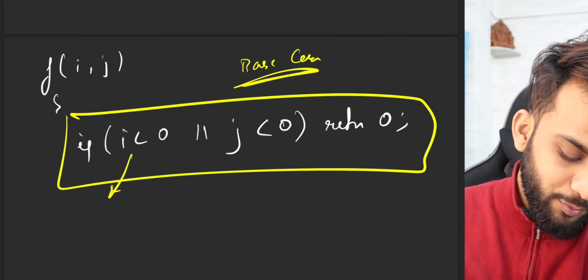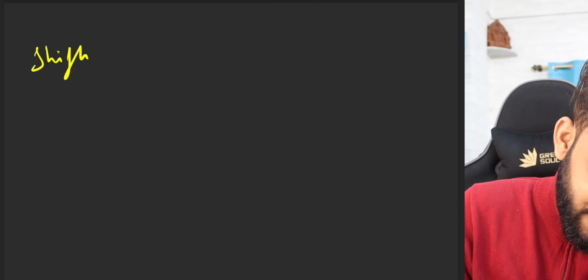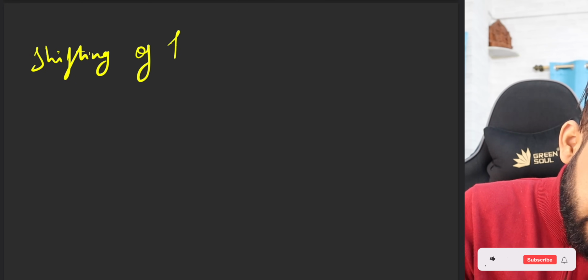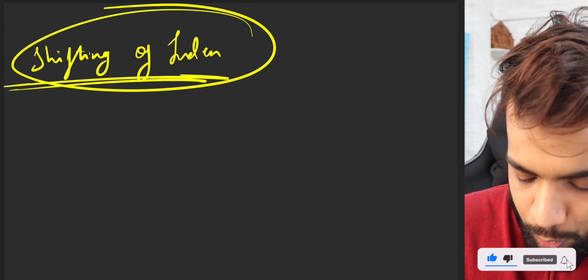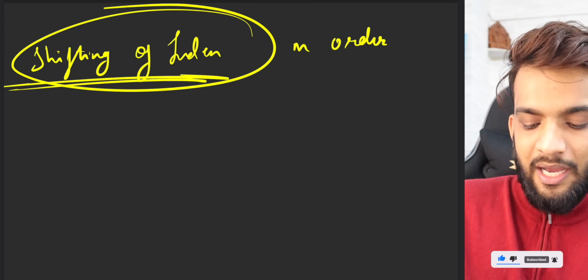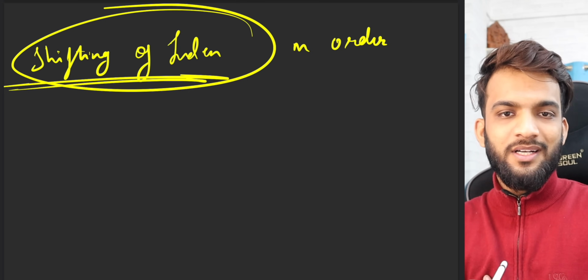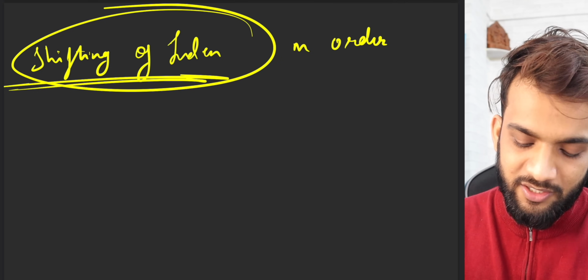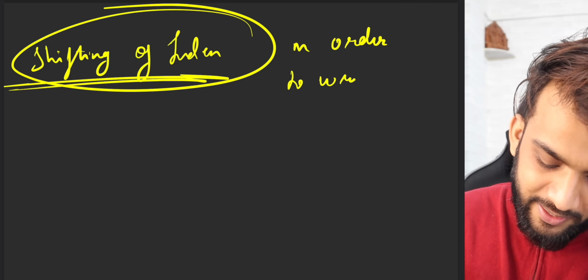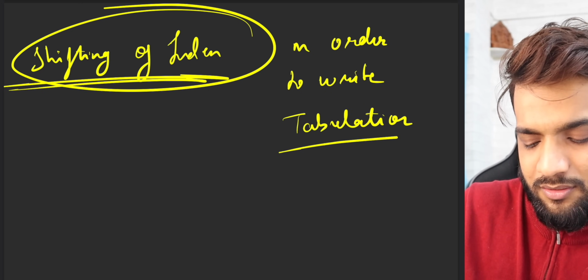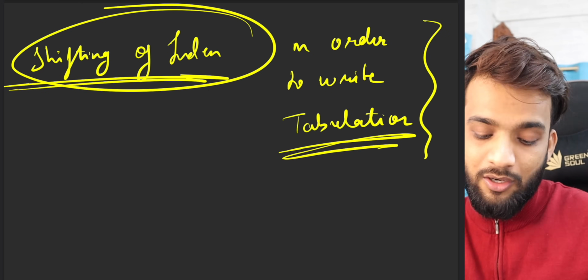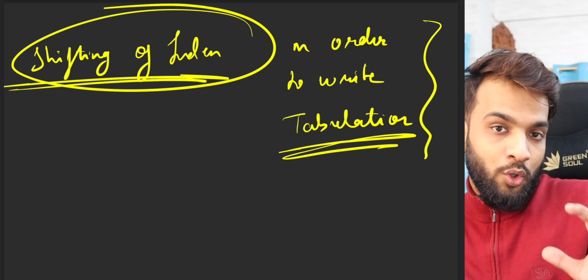So what we do is we do a shifting of index. Very simple. We do a shifting of index in order to write tabulation. You can still write tabulation without shifting of index, but that will be a bit tricky, so I'll not go in that direction.